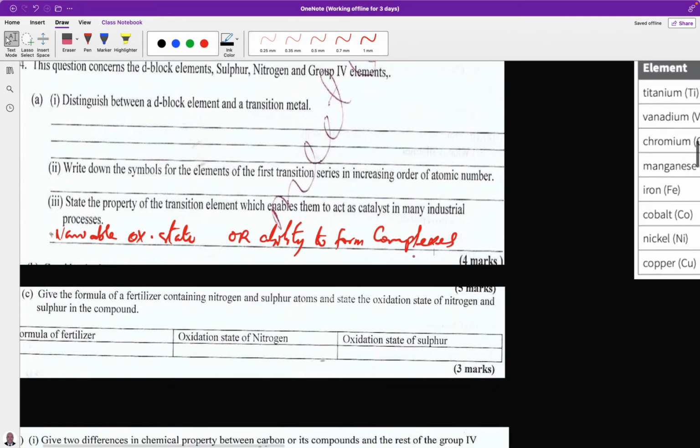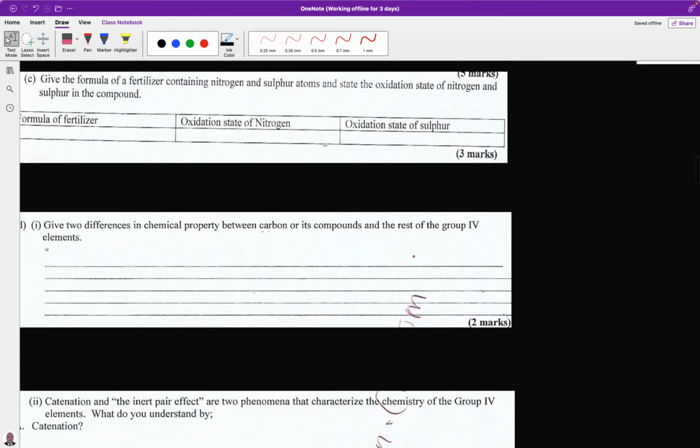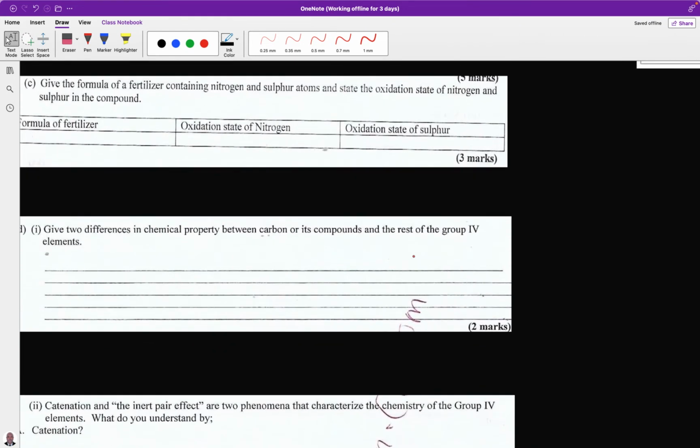So, part C: give the formula of a fertilizer containing nitrogen and sulfur atoms, and state the oxidation state of nitrogen and sulfur in the compound.